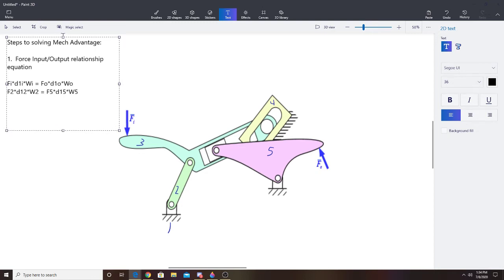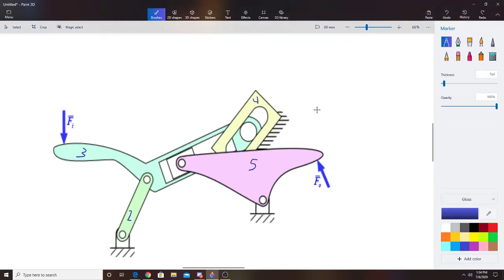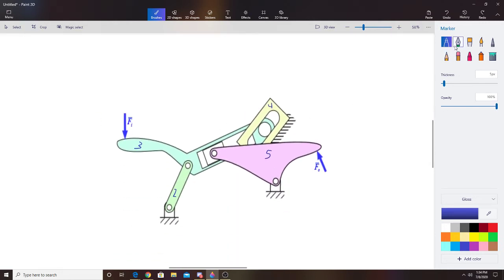Oh, yeah. Okay, I made a mistake. Sorry. Can I undo that? I cannot. I should have numbered these differently. I was wondering, it doesn't really make sense how I did it. So this right here should be 3. This should be 2, 4, and 5. Yeah, my mistake.